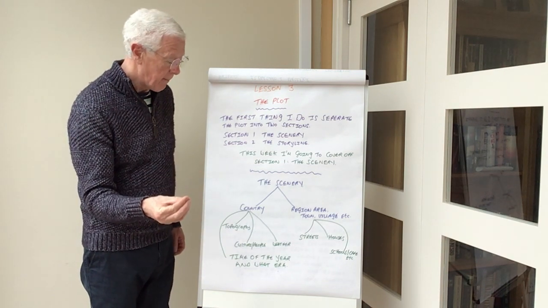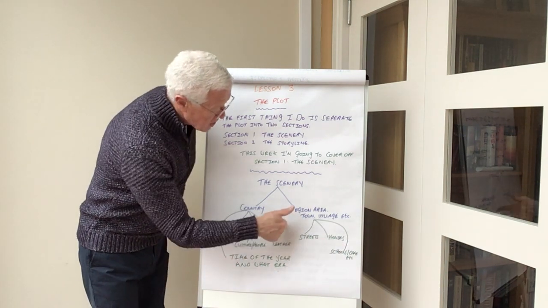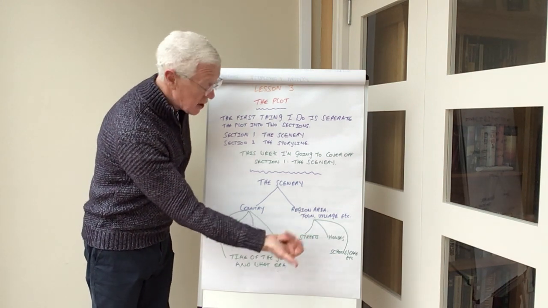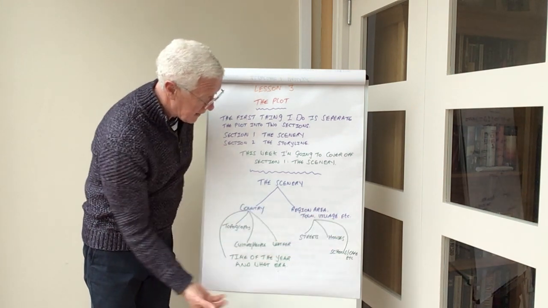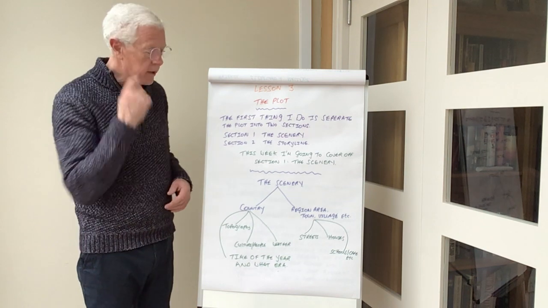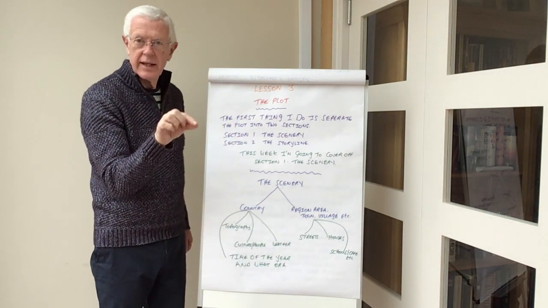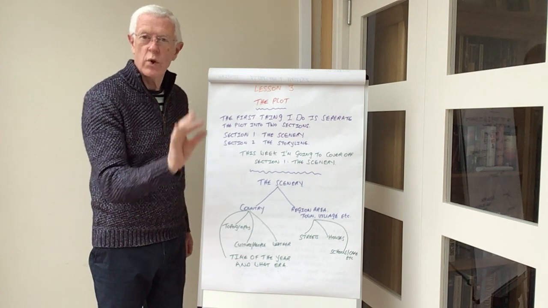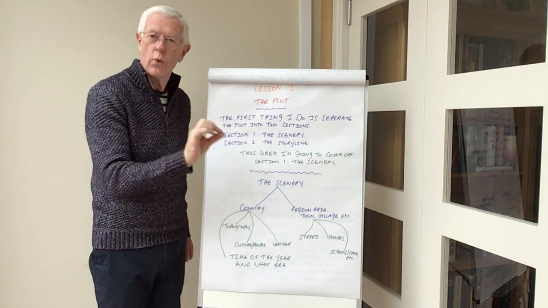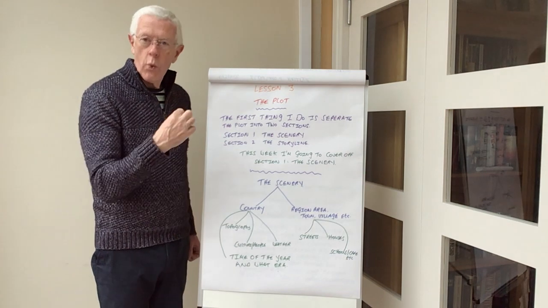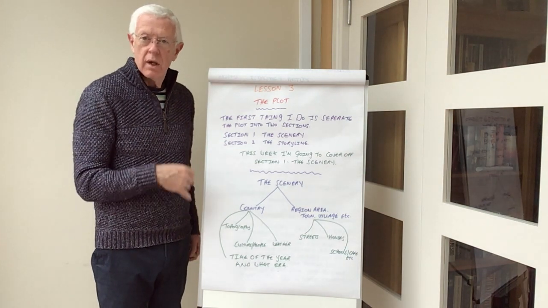The other section here, I've broken it down to region, I've broken it down to town, village, etc. And this is where you can go on and talk about where in that area, in that region, have you put that character? What town, what village, what city, where? And what is that city about? What does it look like?